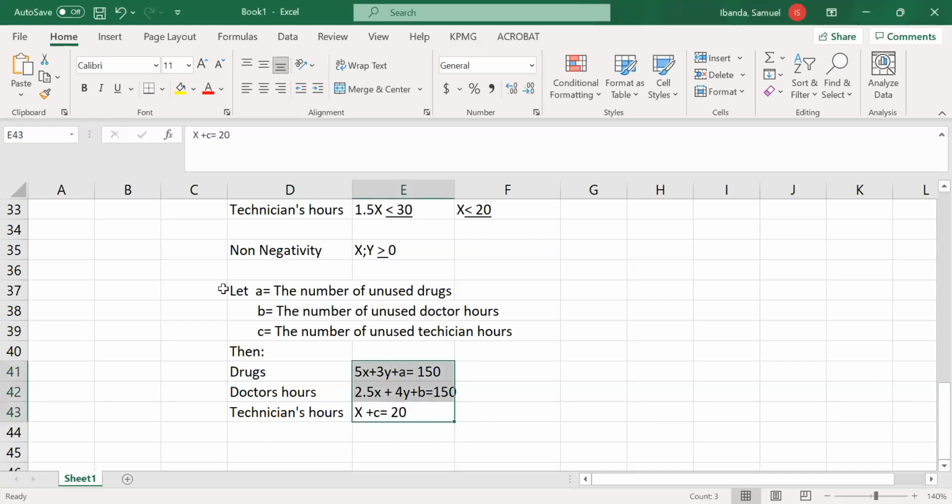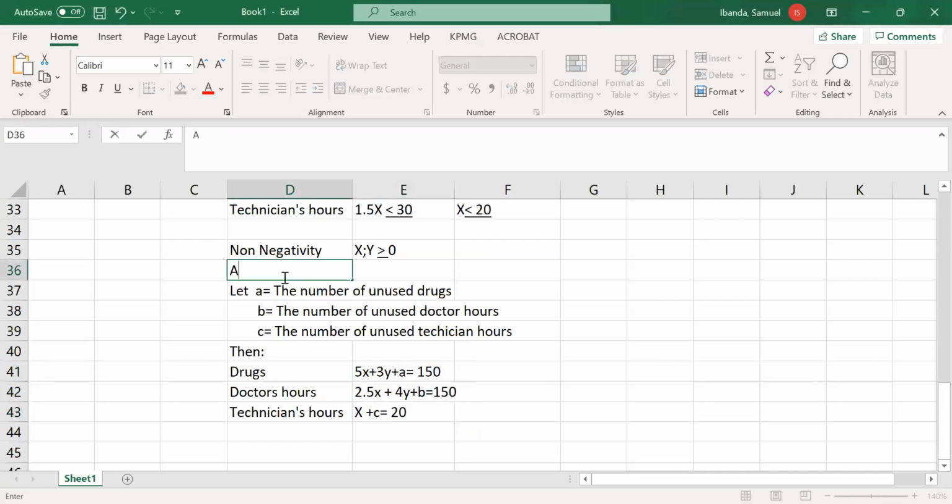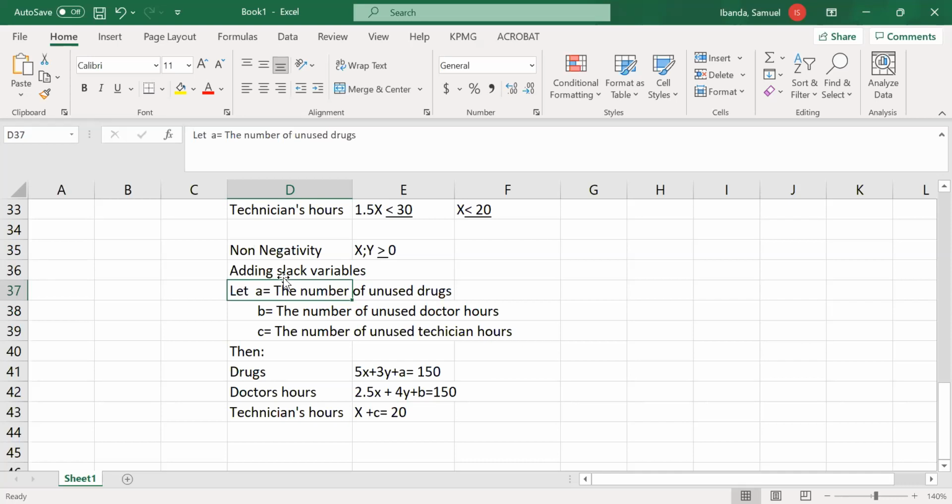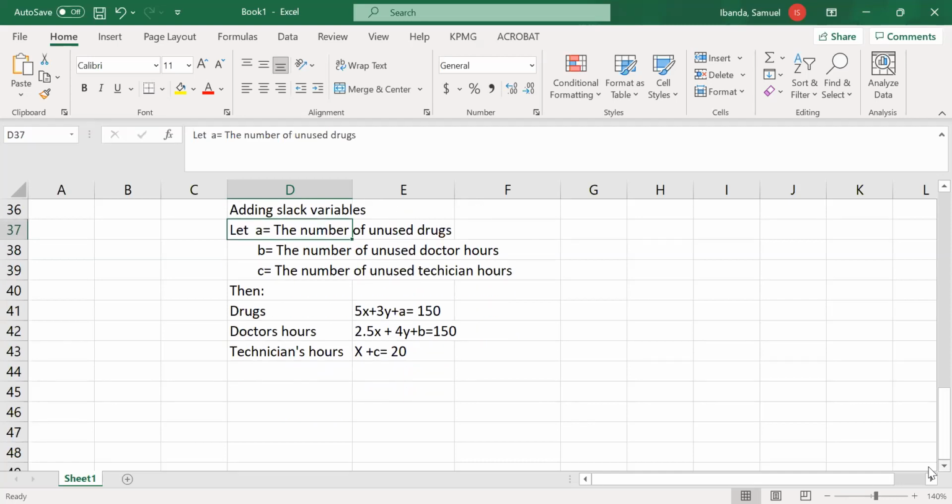So we've added our slack variables. Now, after we have done so, we go ahead to create our initial tableau. One of the things that we also do is adjust our so-called objective function.